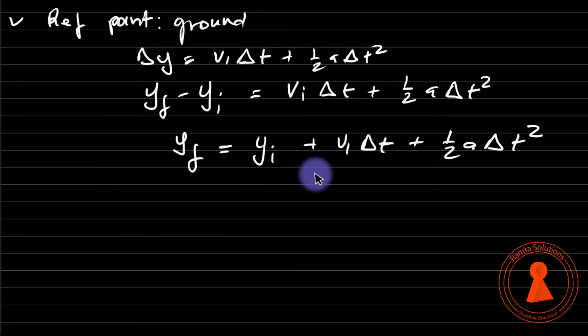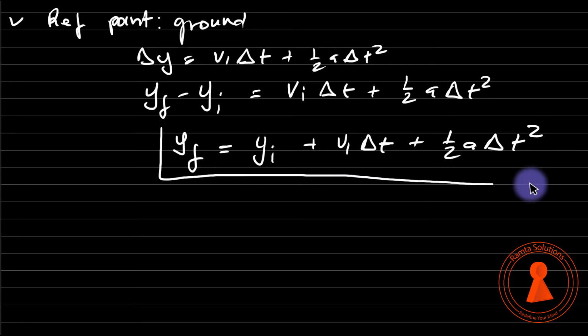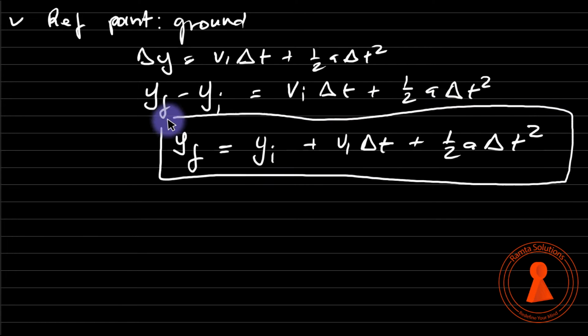The reason I'm saying that is because this equation, I use it when they want the reference point to be the ground. So this will be the y-intercept, but what is that y-intercept?